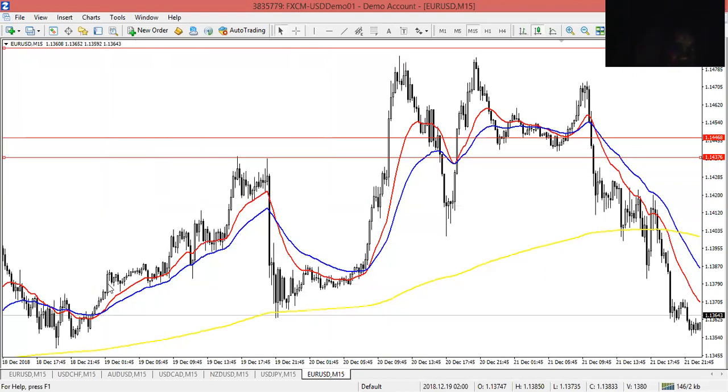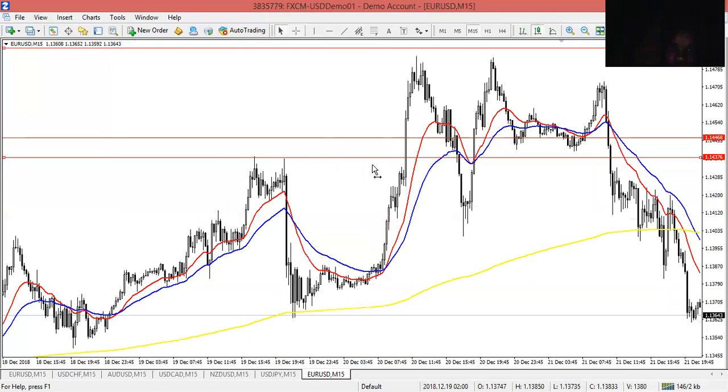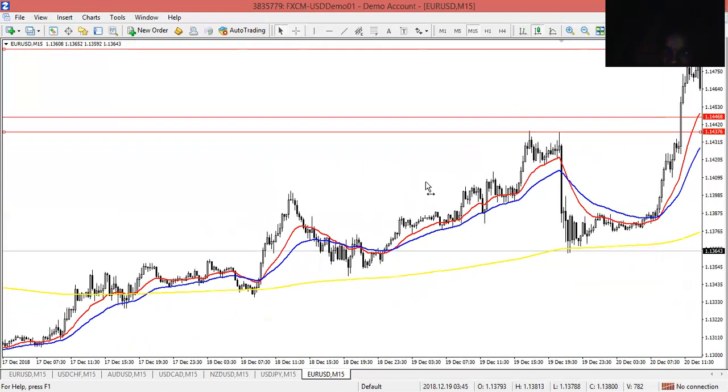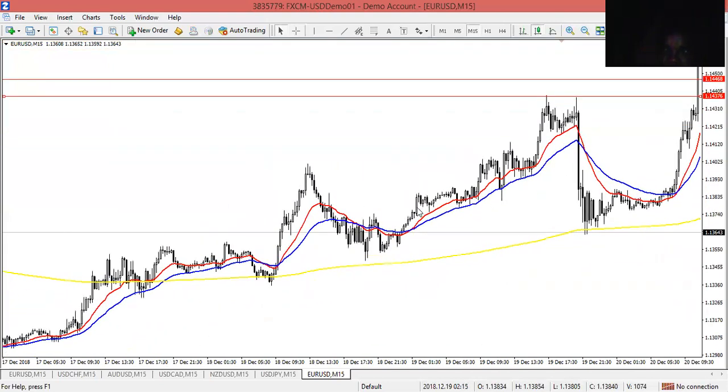So now let me go back. If you look back, you know that in my 1 hour chart, the red and the blue just crossed the yellow. Sure you understand?